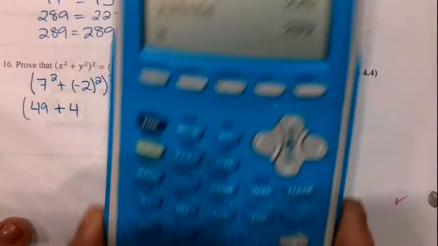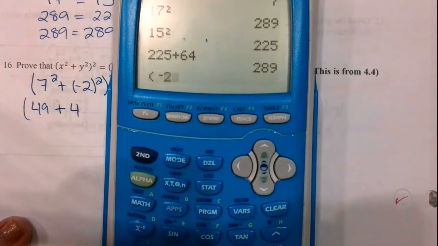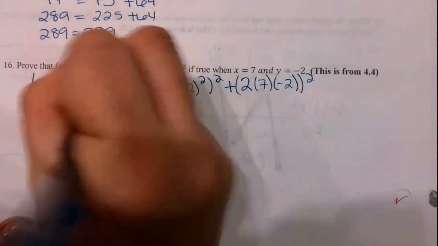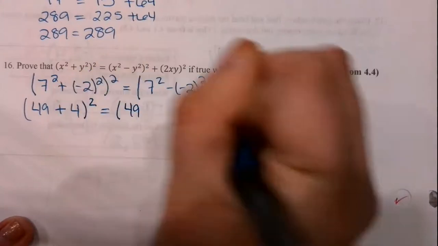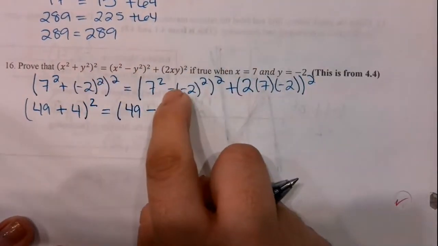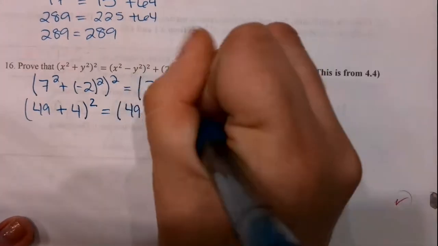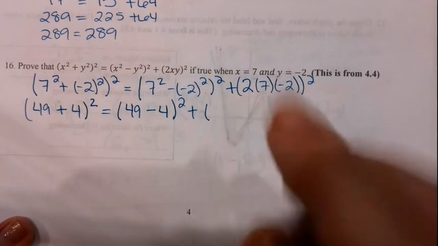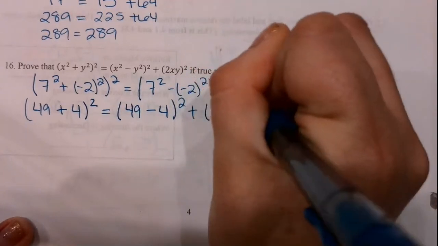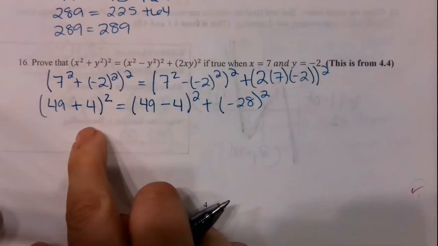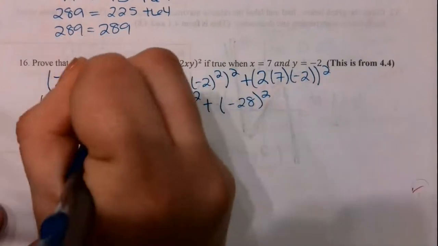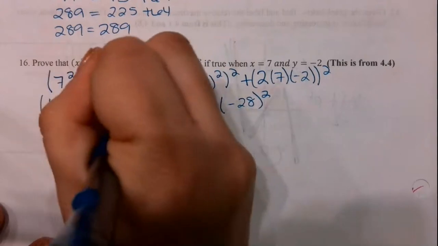Remember, if I'm typing a negative number on my calculator, I always want to type it in parentheses. So if I do this, it gives me positive 4. Okay, this whole thing is still squared. Equals 49. This time it's going to be minus 4 because of the negative out front. Squared. Plus 2 times 7 is 14. Times negative 2 is negative 28. Over here, I want to add 4 to 49, which gives me 53. Over here, I subtract, and I get 45.